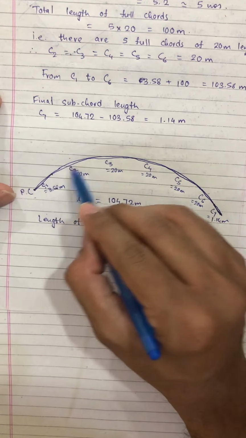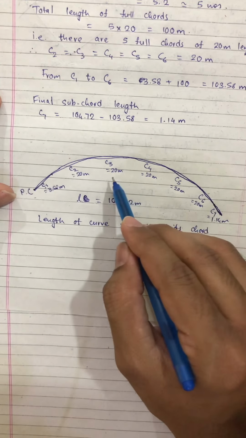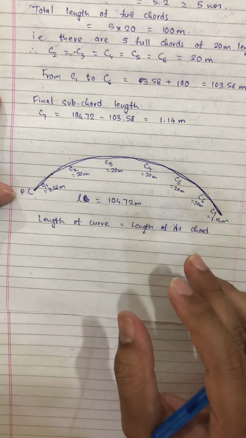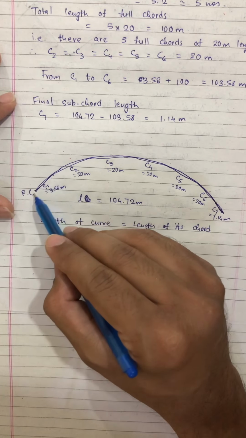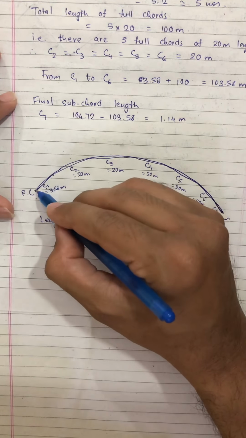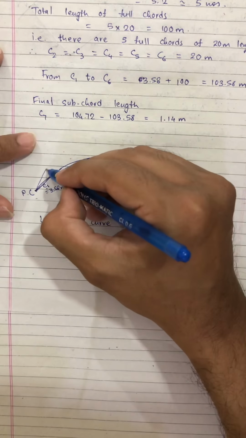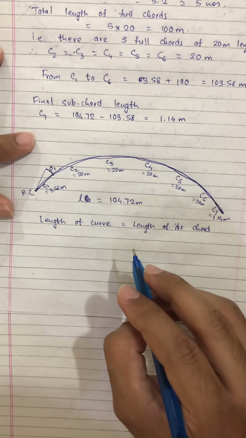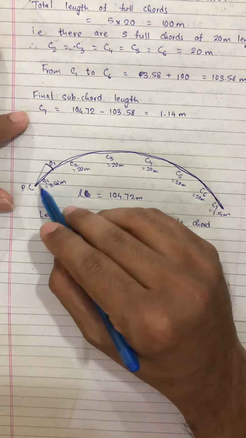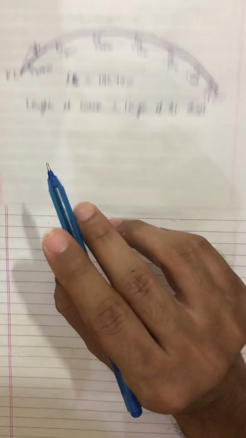Like there are 7 chords, so obviously there will be 7 offsets also. Now we need to find the offset for the first chord. This is the offset for the first chord. So this offset length O1 we need to calculate. Now how will this O1 be calculated?